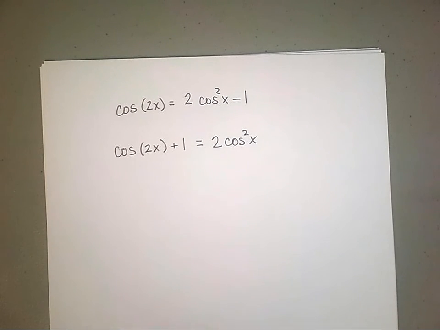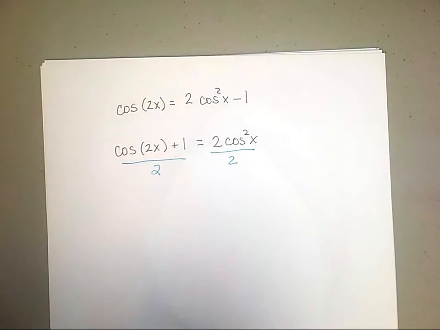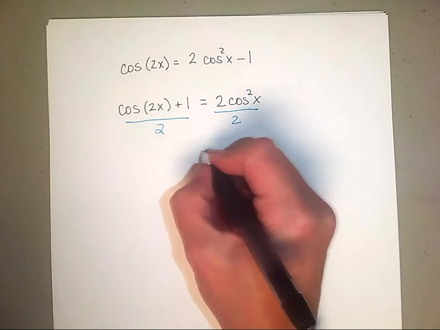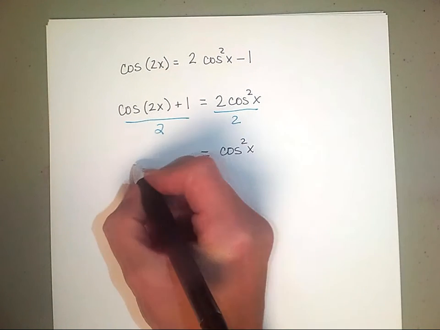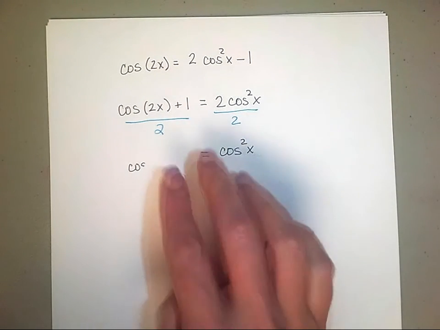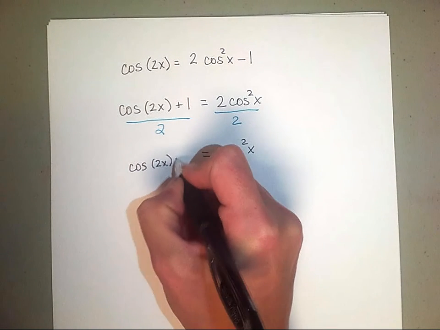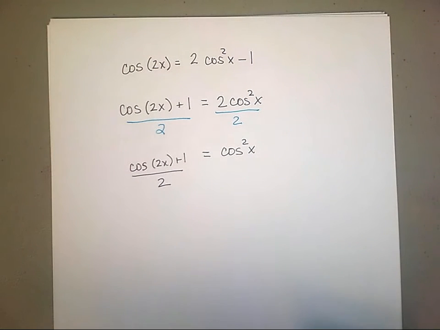Now we need to divide everything by 2, which will leave us with cosine squared on the right-hand side, and cosine of 2x plus 1 over 2 on the left. No negative to have to deal with there, so we're fine.